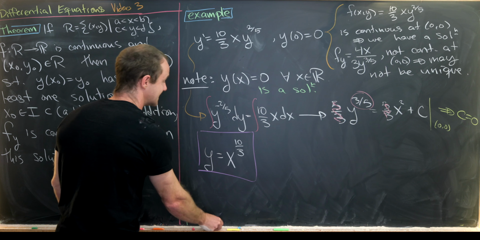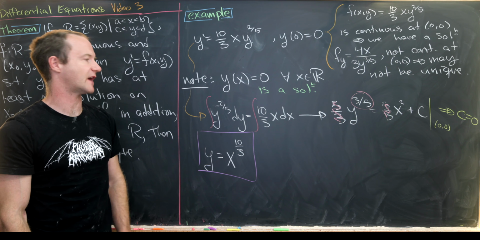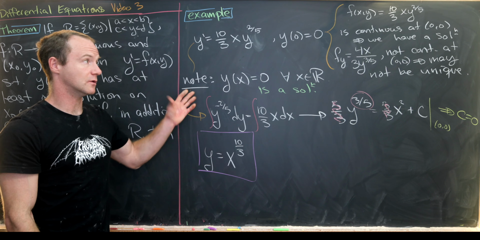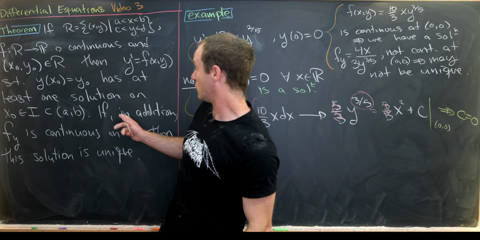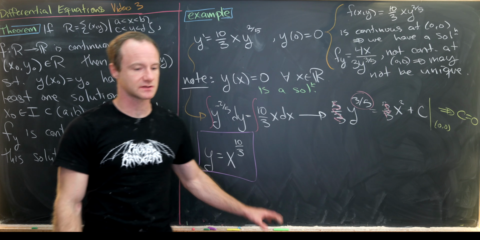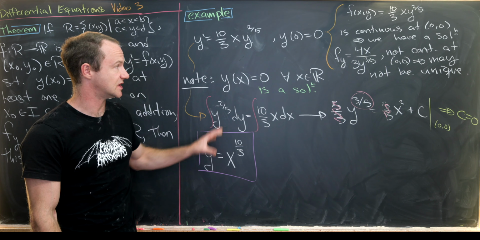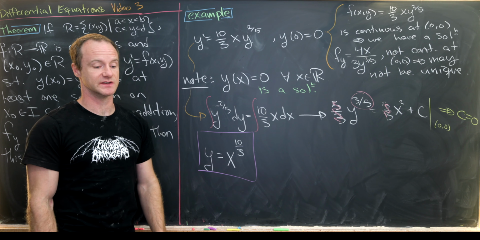And that is a second solution to this initial value problem. So we indeed saw that we do need this second condition in order for uniqueness of the solution, because here's an example where we do not have that second condition and we do not have uniqueness of this solution.